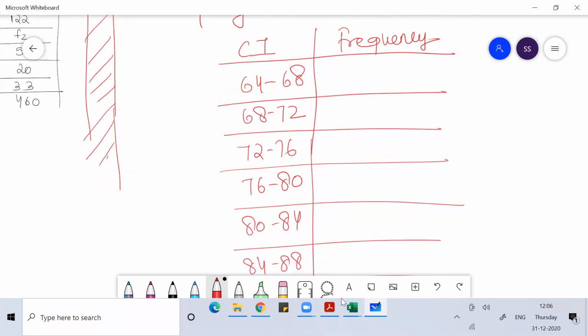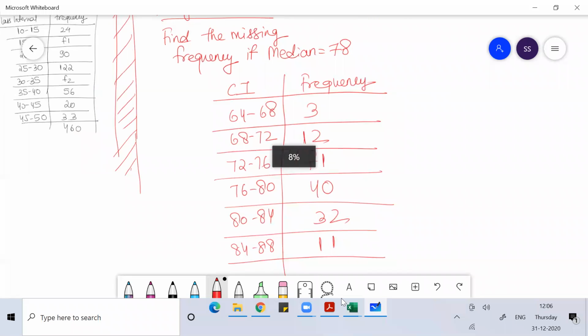The frequencies are 3, 12, F1, 40, 32, 11. This is your second question.